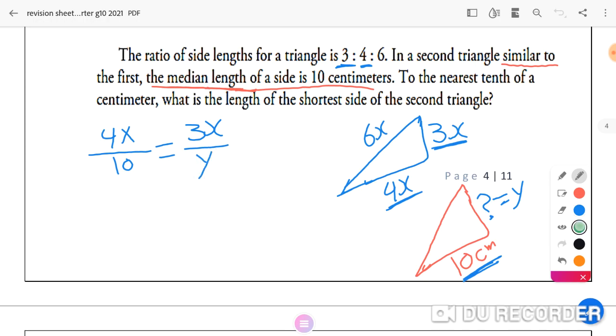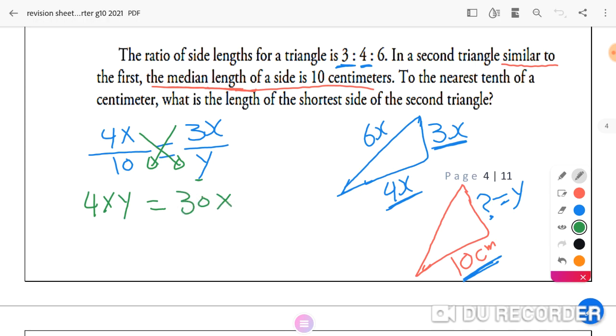From this relationship we can simply apply cross multiplication. So 4x multiplied by y, where y is the required side, the shortest side in the second triangle, simply equals 4xy, and that must equal 3x multiplied by 10, which is 30x.